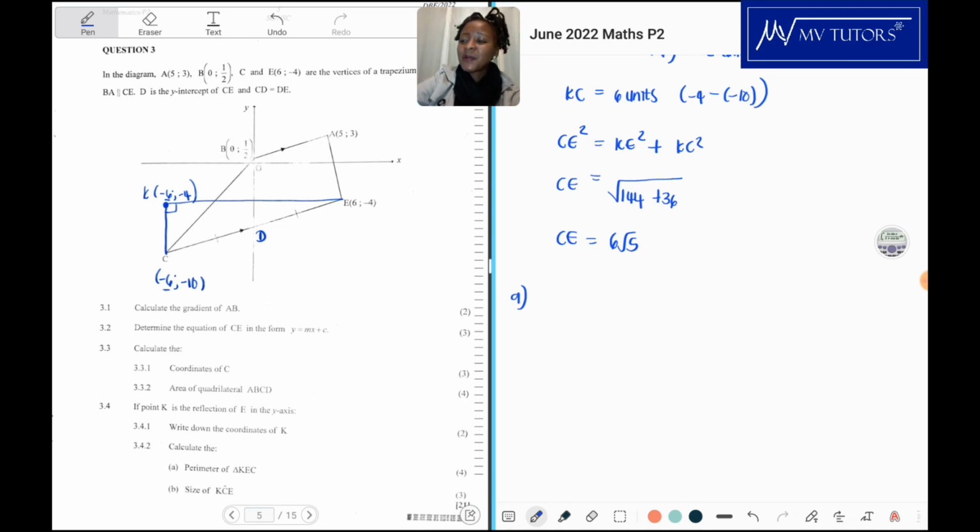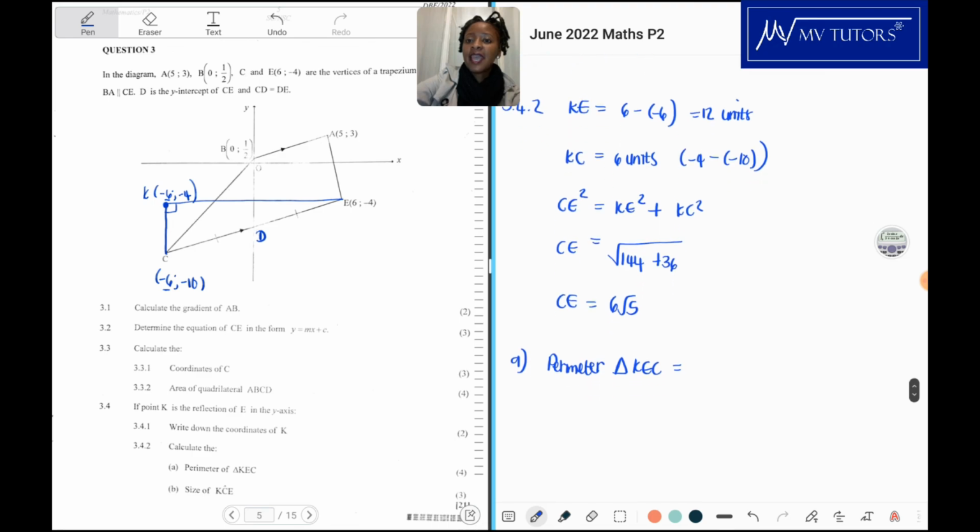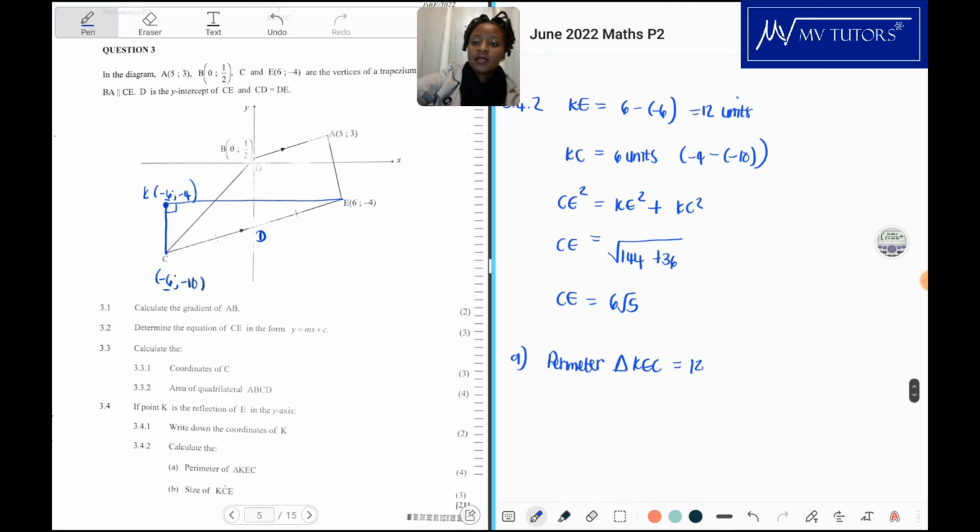Alright, so the perimeter of triangle KEC is equal to KE, which is 12, plus KC, which is 6, plus CE, which is 6 root 5.